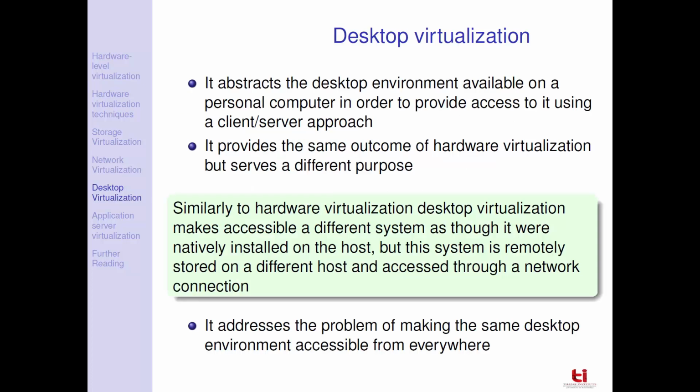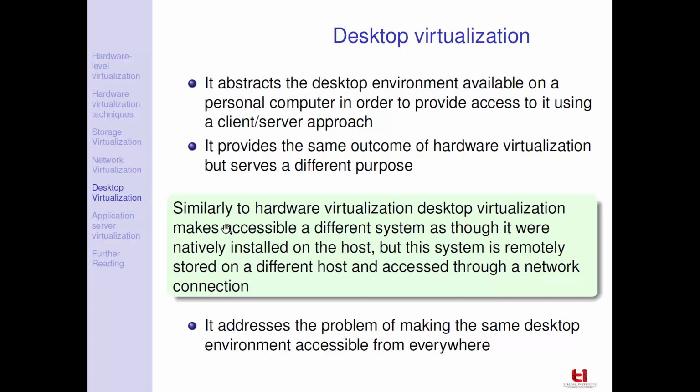So the next is desktop virtualization. Let us see what it is. Basically, desktop virtualization abstracts the desktop environment available on a personal computer in order to provide access to it using a client-server approach. It provides the same outcome as hardware virtualization but serves a different purpose.